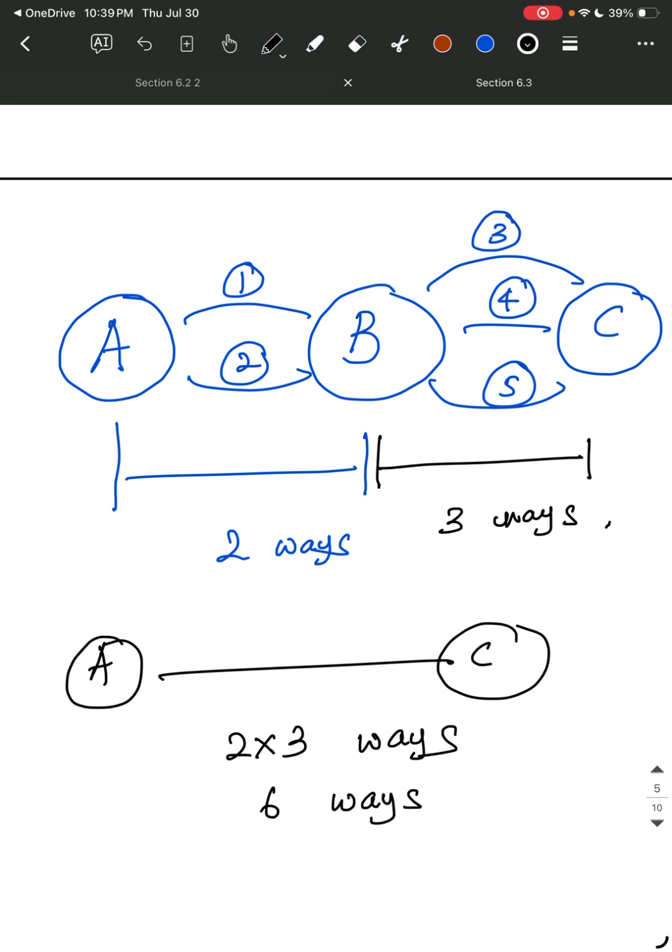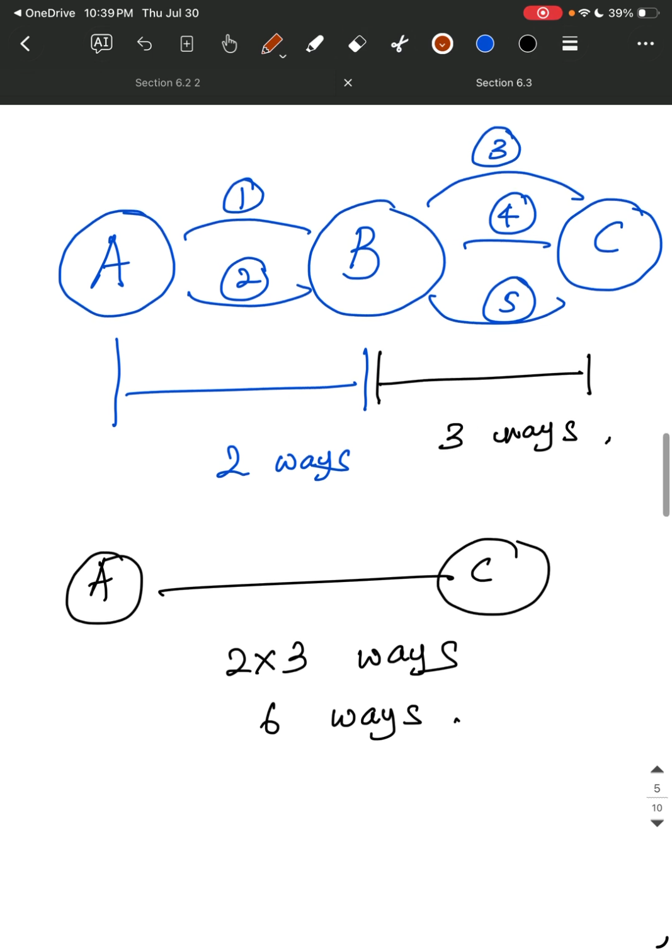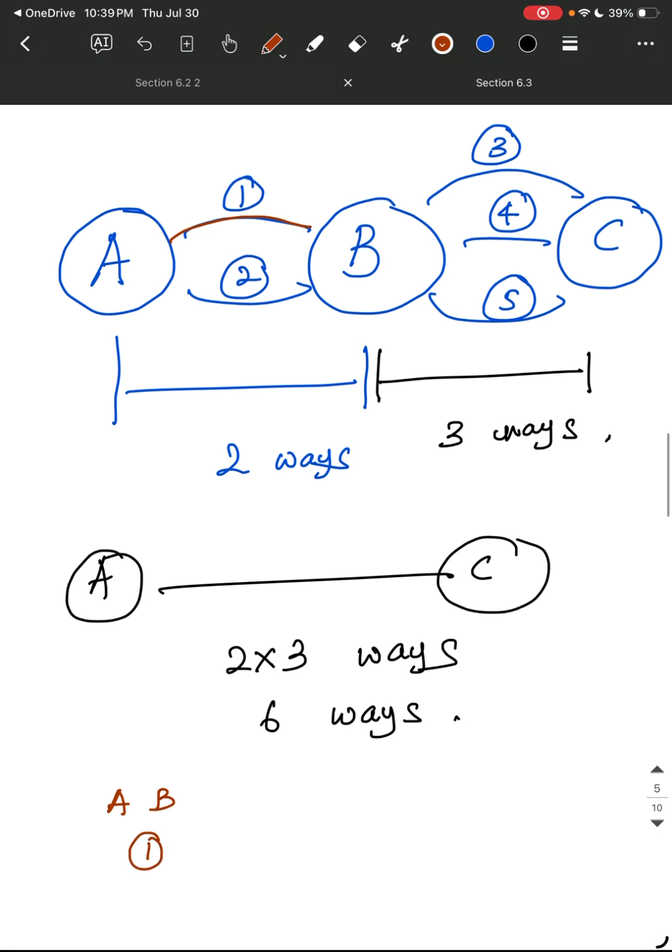Let's see. When we select route 1 from A to B, we have 3 choices to go from B to C: 1, 3; 1, 4; or 1, 5.